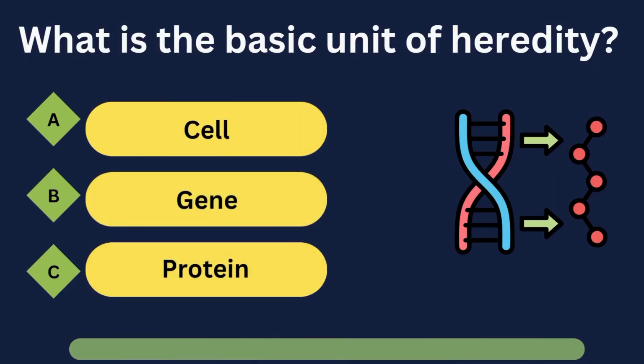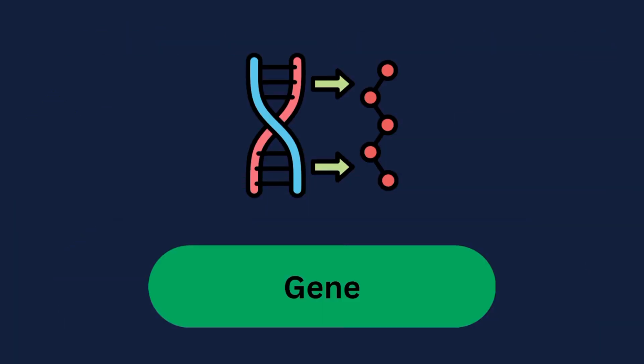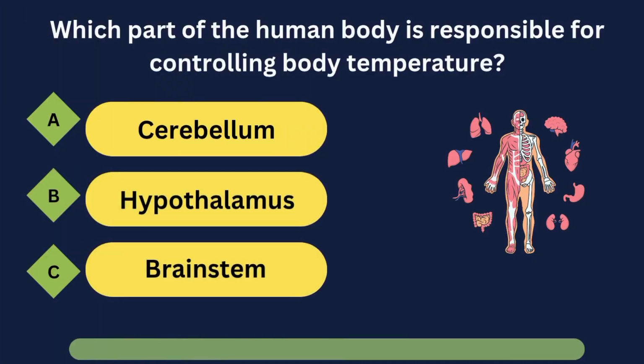What is the basic unit of heredity? Cell, gene, protein. Which part of the human body is responsible for controlling body temperature? Cerebellum, hypothalamus, brainstem.